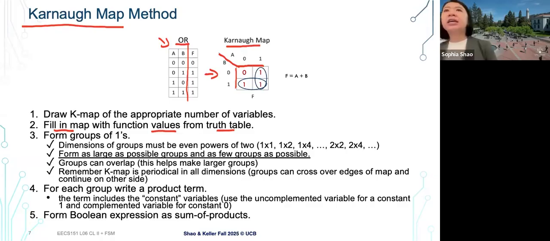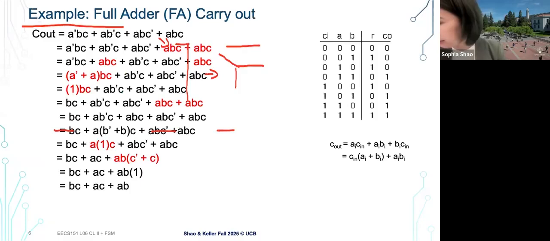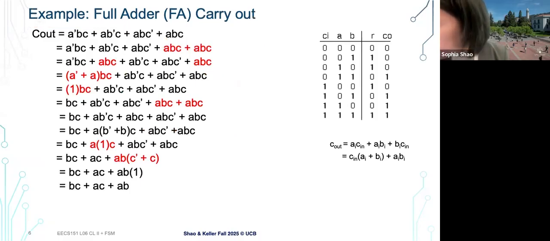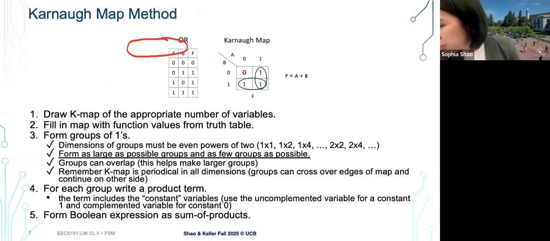So here, the key optimization, remember what we did for the carry case, right? In that case, we found opportunities to eliminate components that don't matter. No matter whether they're 0 or 1, it's always 1. So we can do very similar things in a more visualized way with the Karnaugh map.